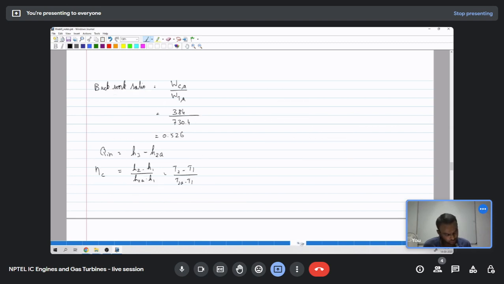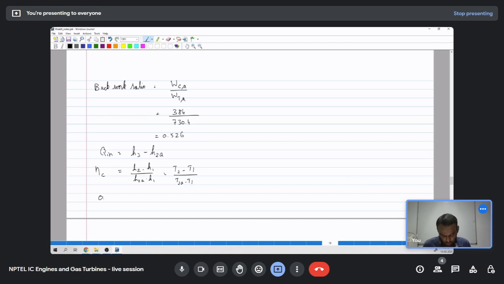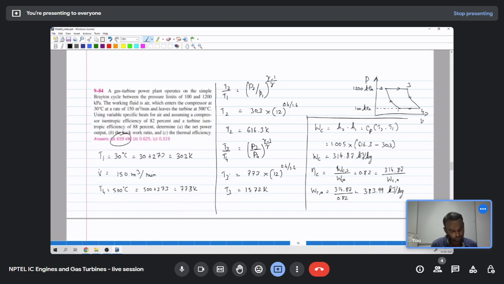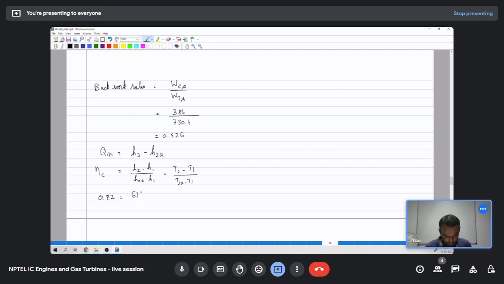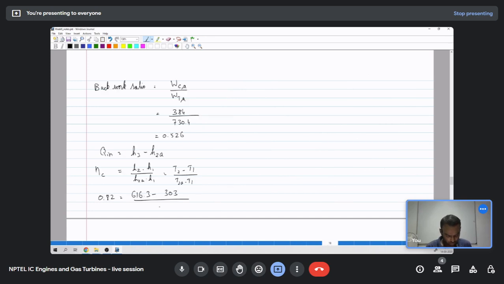The efficiency for the compressor is 82%. So 0.82 is equal to T2, which is 616.3, minus T1, which is 303, and T2A alone is unknown.